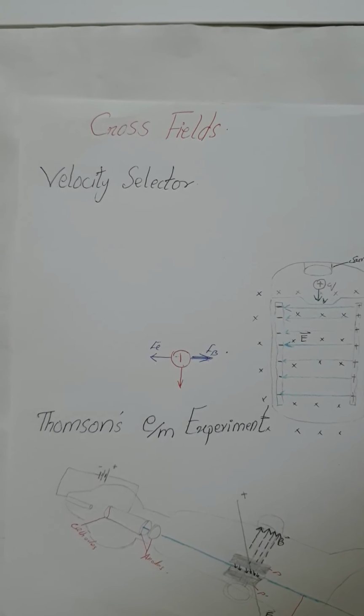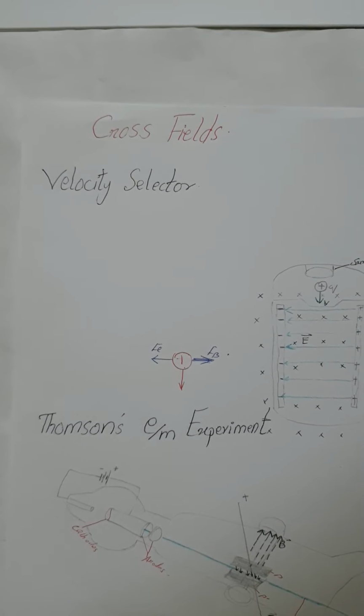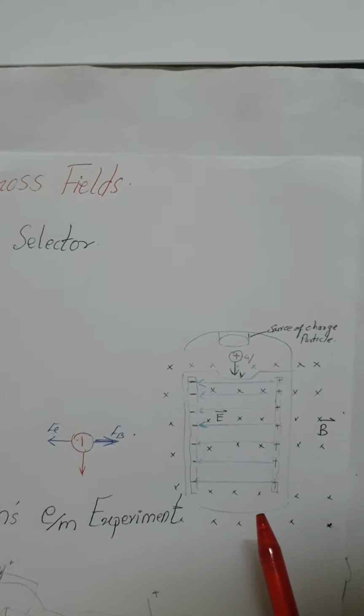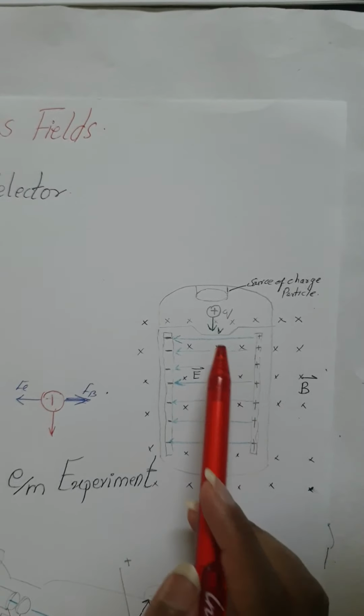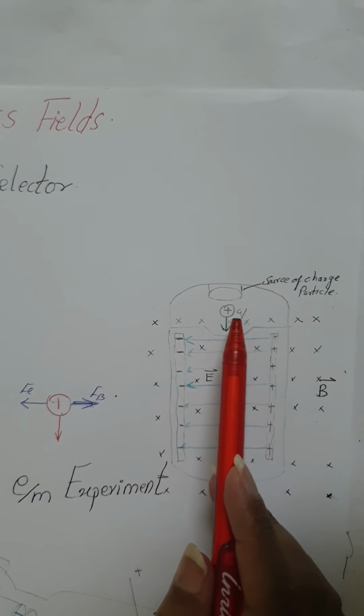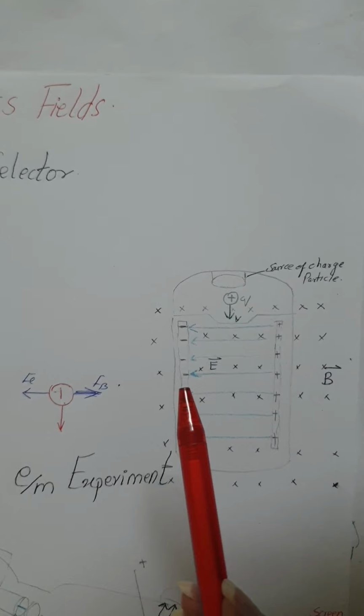So let's discuss a few cases of cross fields. This is a velocity selector. A beam of charged particles is produced by a heated cathode or maybe by using some radioactive elements.